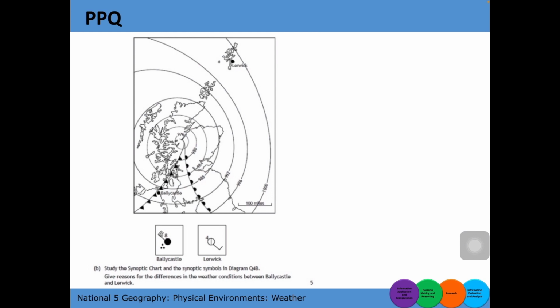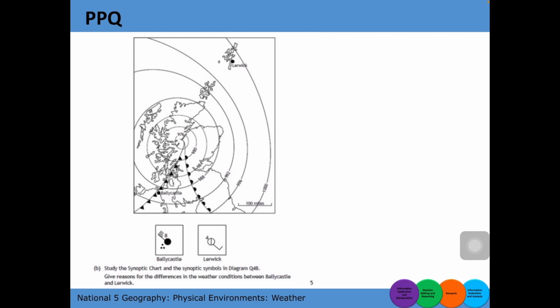The present weather in Ballycastle is heavy rain, whereas the present weather in Limerick is clear skies or sunny. This is because there are no fronts near Limerick. However, the cold front in Ballycastle will bring heavy rain from the cumulonimbus clouds.